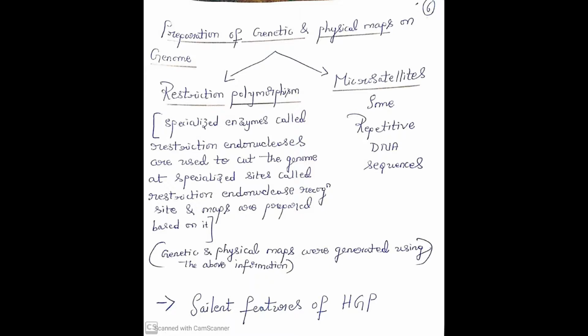Just take DNA, cut into fragments, insert into a vector, then the recombinant molecule will be inserted into a host cell. Once the cloning is done, there is the amplification part, and after amplification, sequencing. And once the sequencing is done, sequence annotation with the help of computer-based programs, and then the preparation of genetic and physical maps.